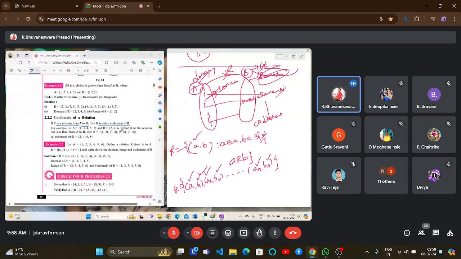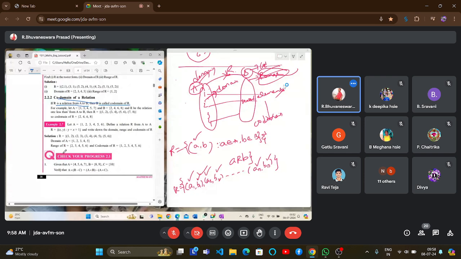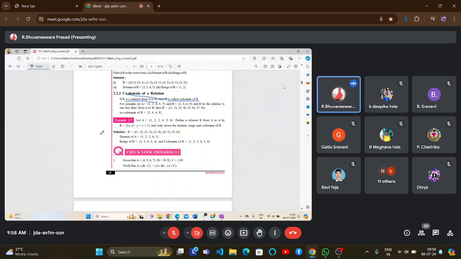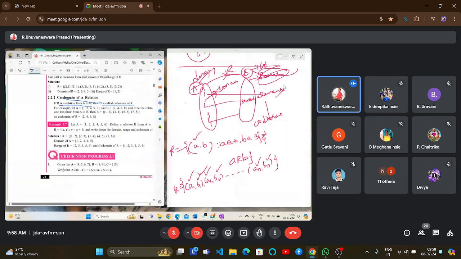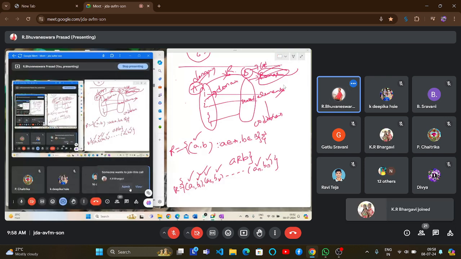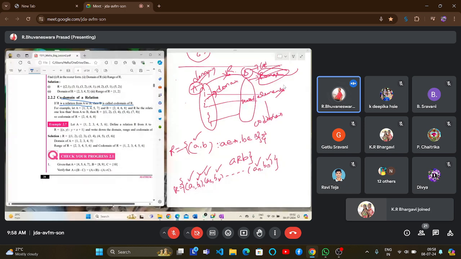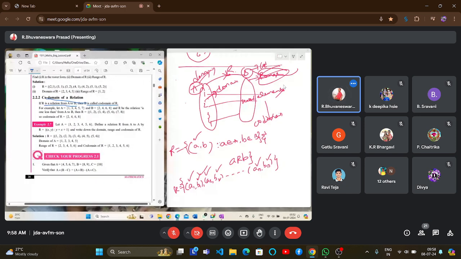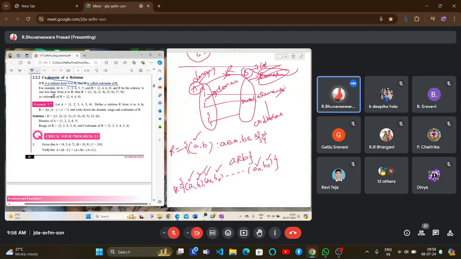Okay, so that is the definition of codomain of a relation. Here we discuss one example based on codomain of a relation.